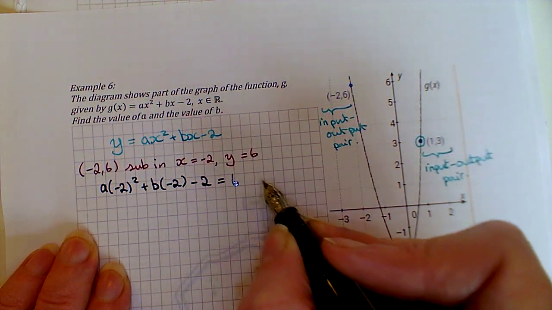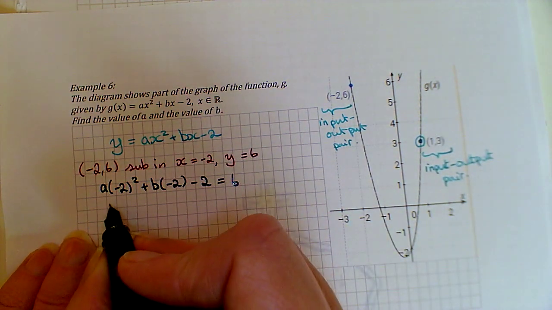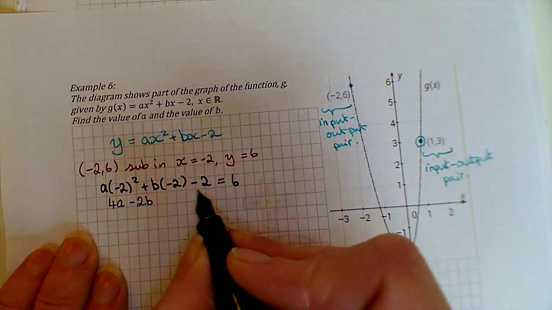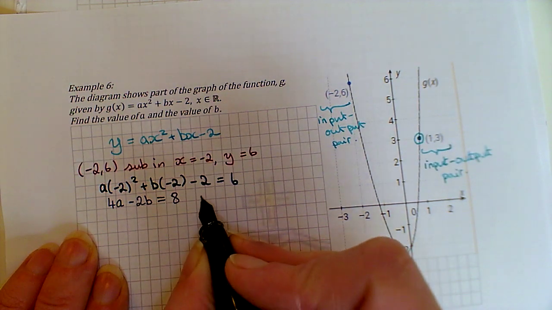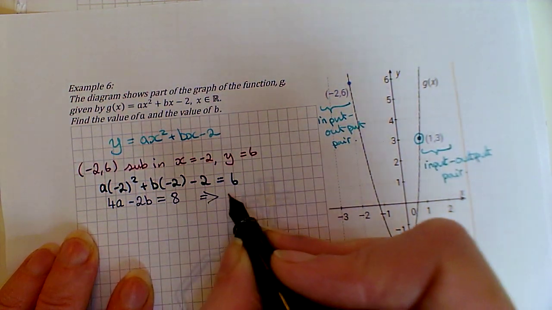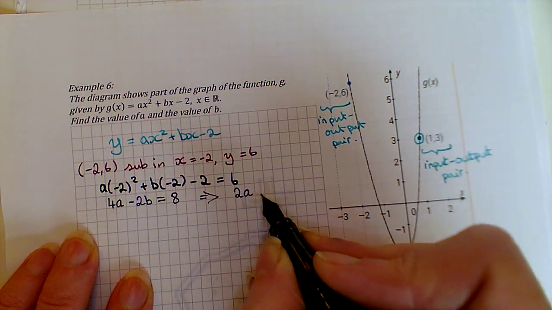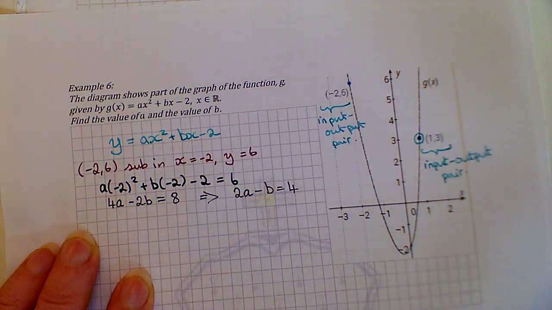And we'll tidy that up a little bit, and that becomes 4a minus 2b, and we'll bring the -2 to the other side, equals 8. And because I can, I'll divide across by 2. So if you ever can simplify an equation like this, go ahead and do that. 2a minus b is equal to 4.